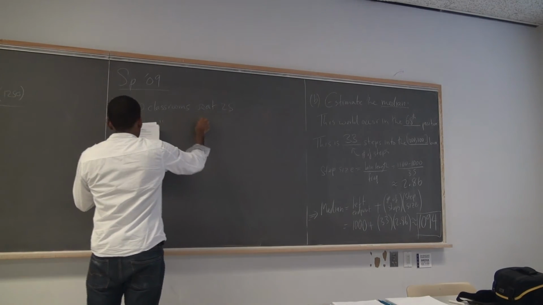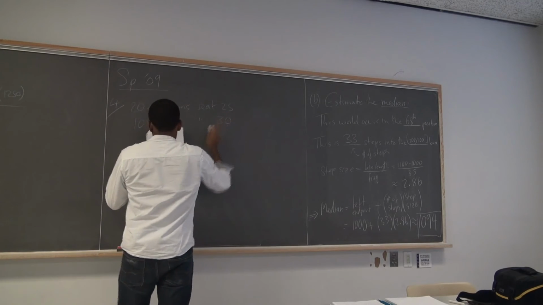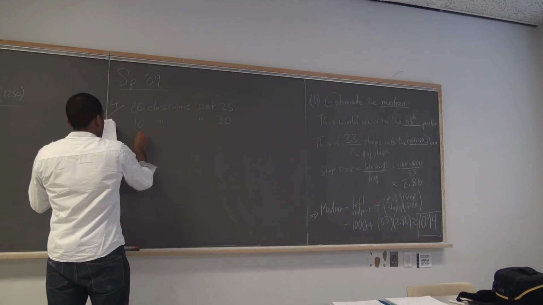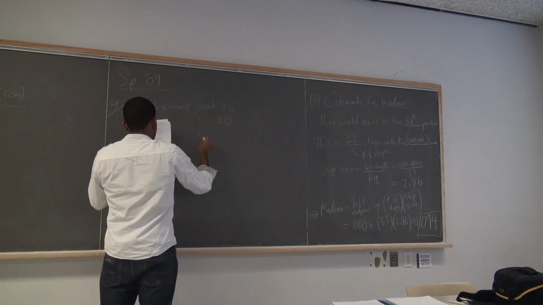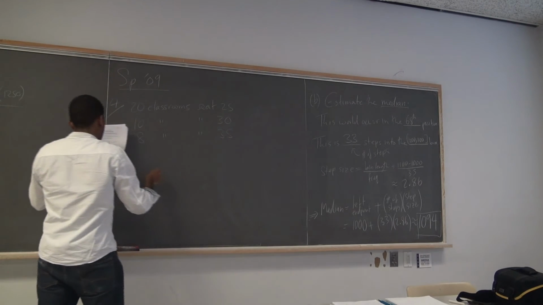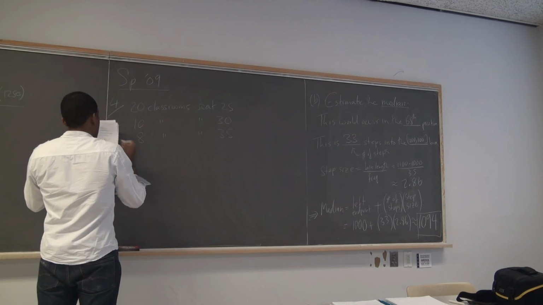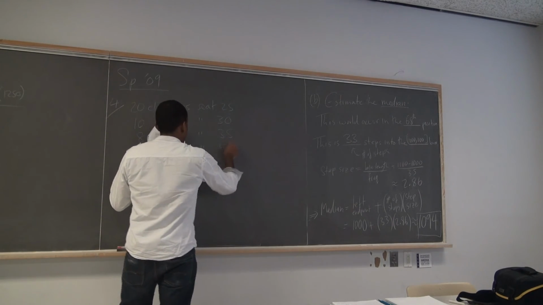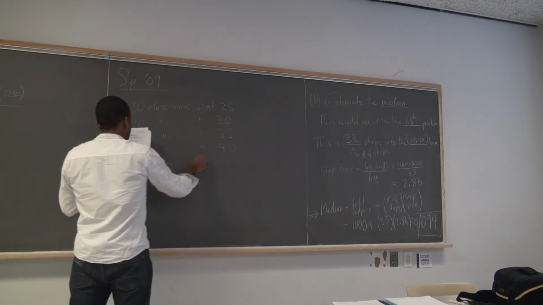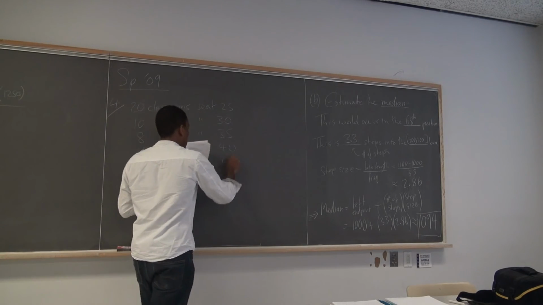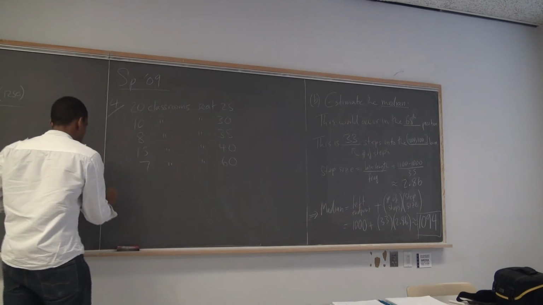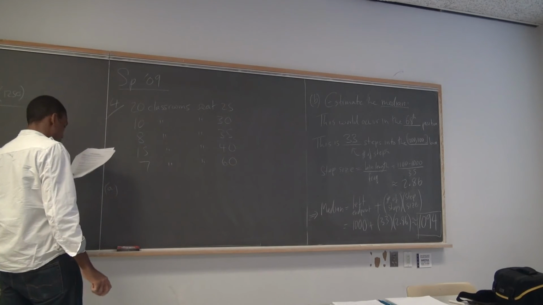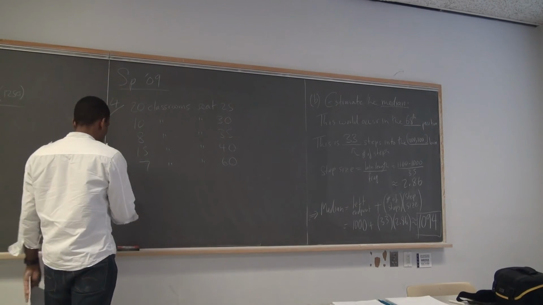Ten classrooms seat 30. 8 classrooms seat 35. 15 classrooms seat 40. 7 classrooms seat 60. Find the mean number of students a classroom can hold.